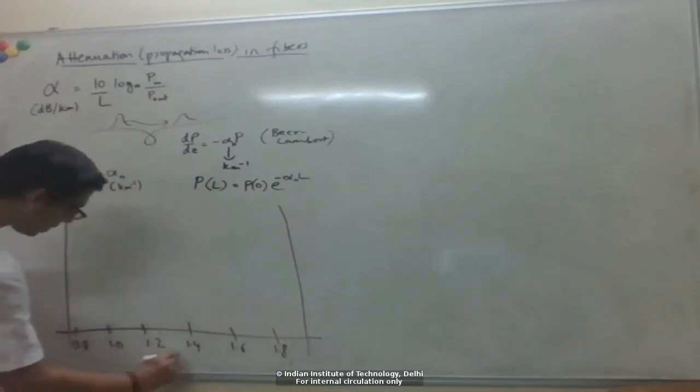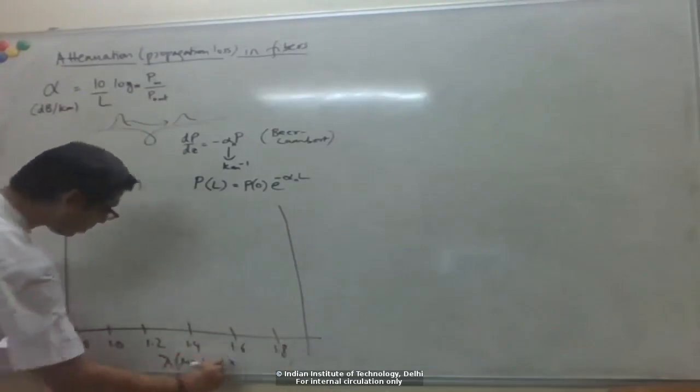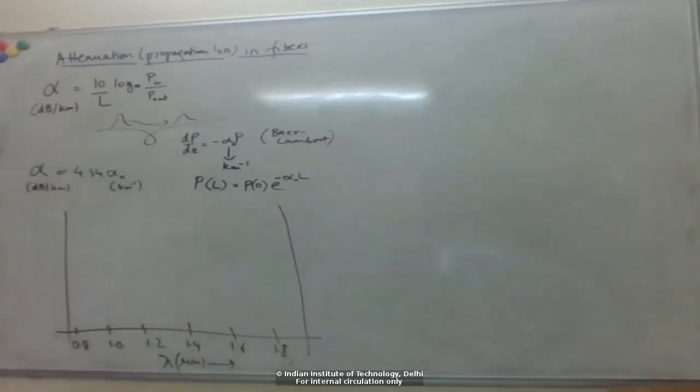The wavelength on the x-axis is in microns. And if you plot the loss on the y-axis, we're plotting in a log scale.